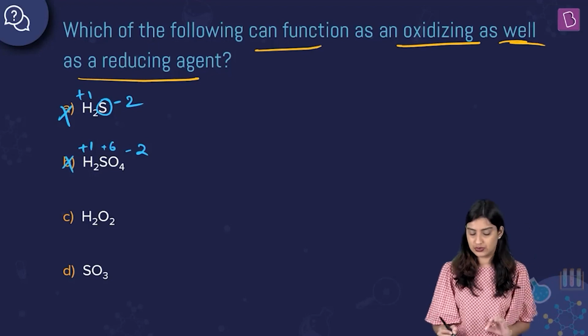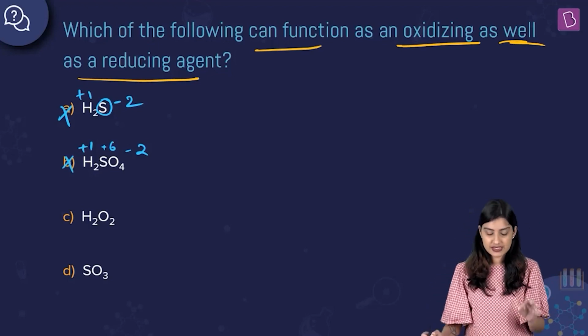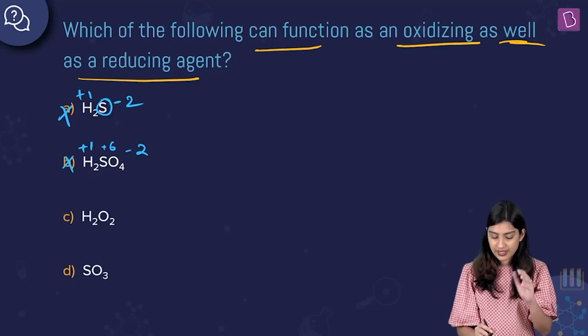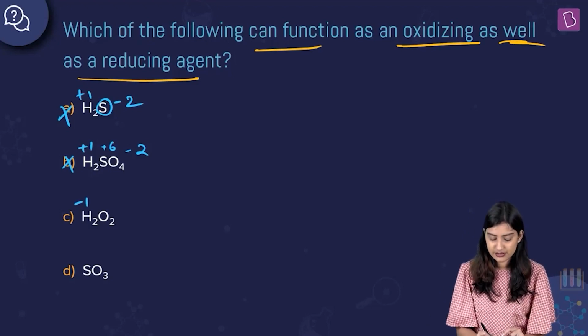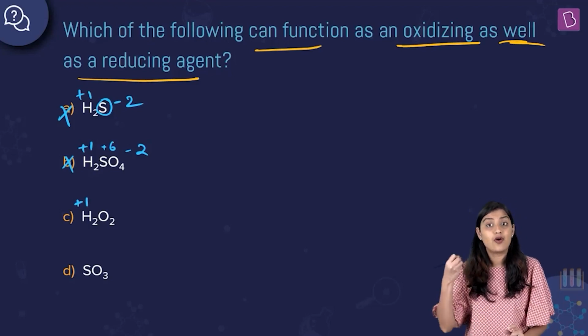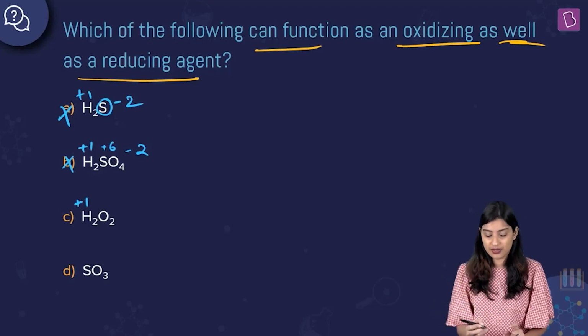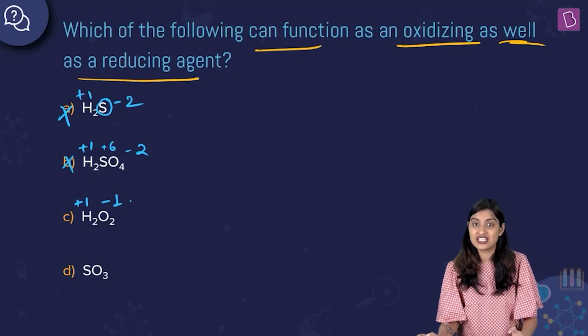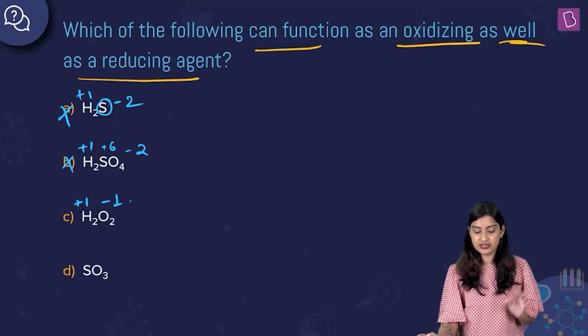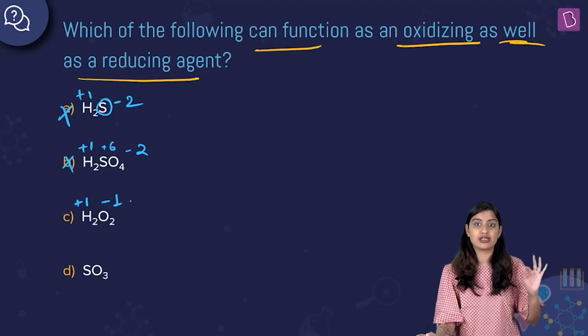Now you have option C, H2O2, hydrogen peroxide. The name itself suggests that hydrogen will of course be in +1, but oxygen has a peroxide bond here, so oxygen will be in its -1 oxidation state. Very important. This is what you need to keep in mind in the case of H2O2.